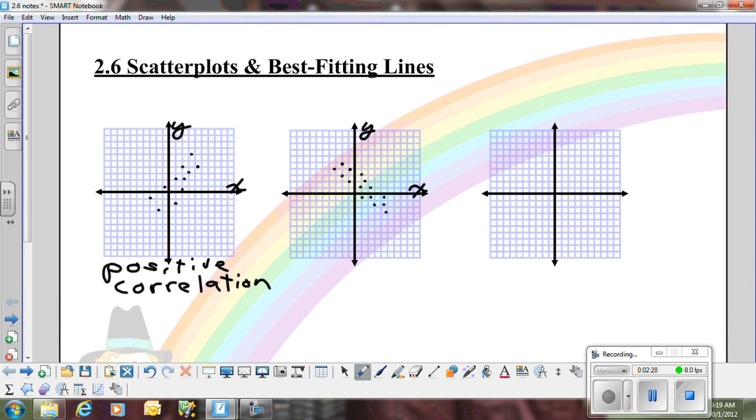It's decreasing. If I were to draw a line through that, what would be the slope of that line? What would you know about it if it's decreasing? It'd be negative. So since the slope of the line would be negative, we call that a negative correlation.